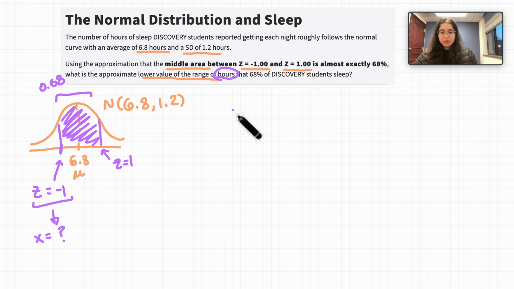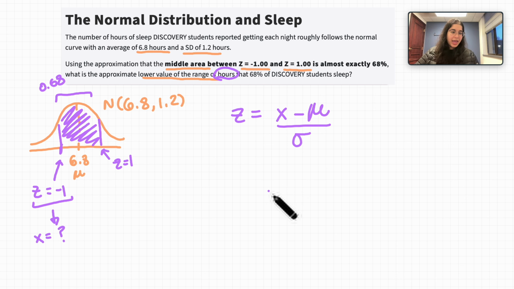Now I know that the formula for z-score is z equals x minus mu over the standard deviation. We have three things given in this equation, and we want to solve for the x value, which tells us the lower bound of that middle 68%, which tells us how many hours those Discovery students sleep.